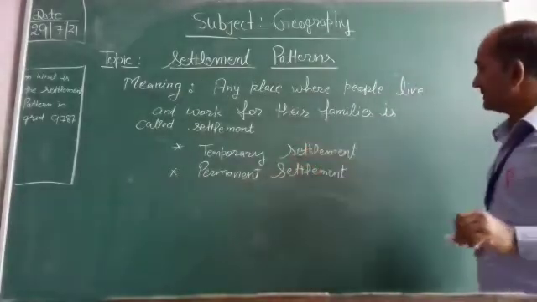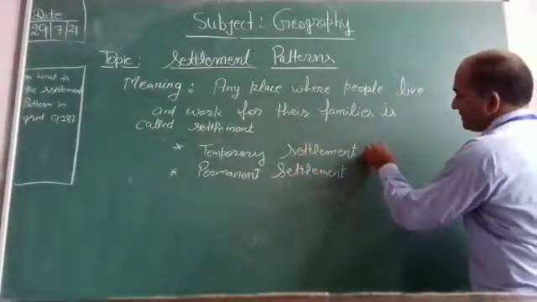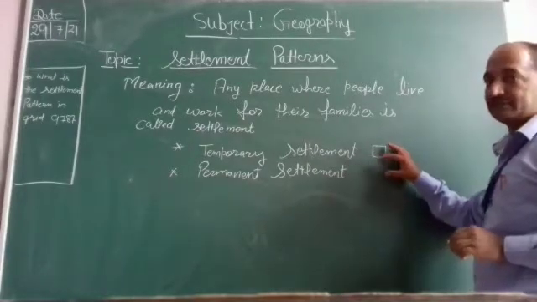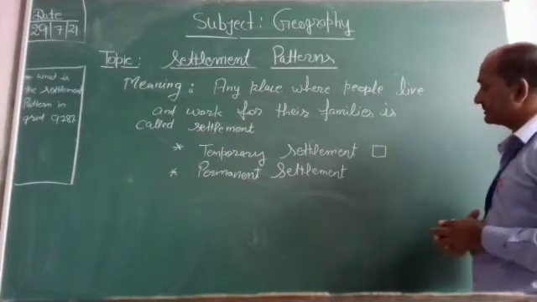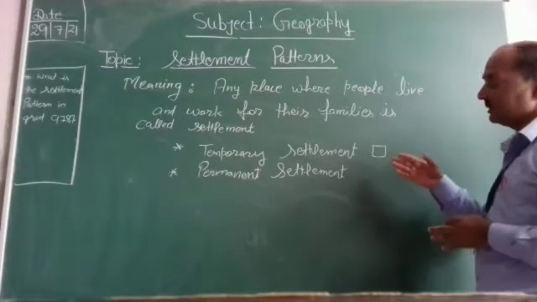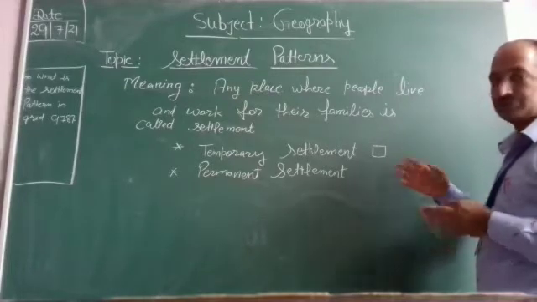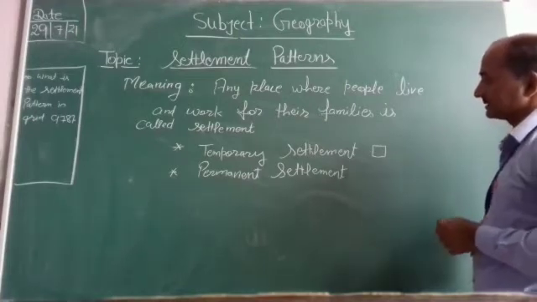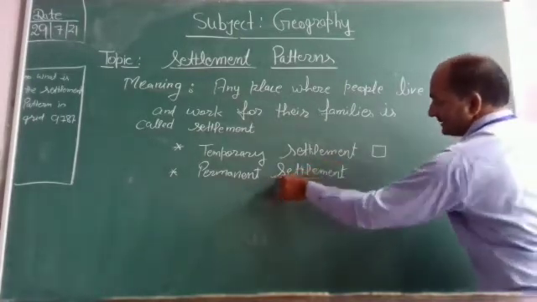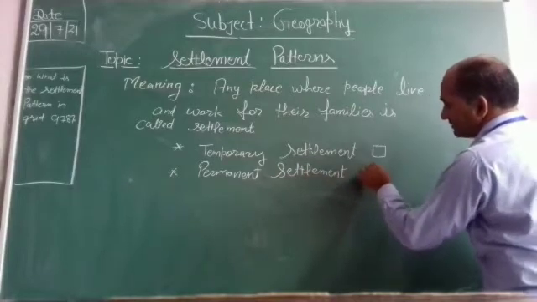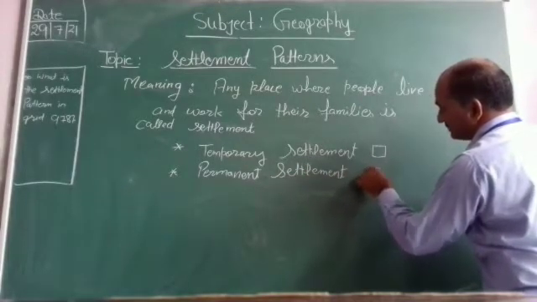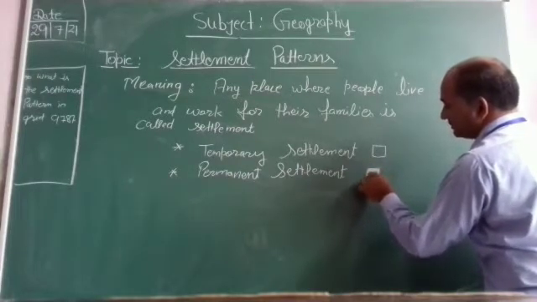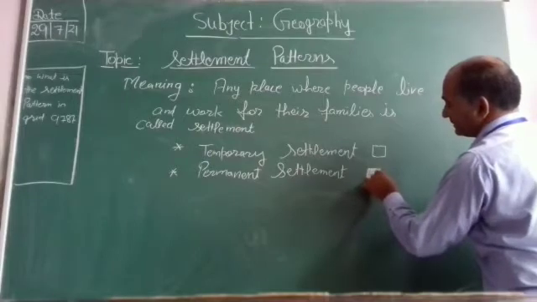So temporary settlement we can mark with a hollow square. This type of settlement is for a specific purpose like hunting, searching food, shifting cultivation, etc. And now the permanent settlement, it is marked with a solid sphere. And these types of settlements are for a long period with their families.